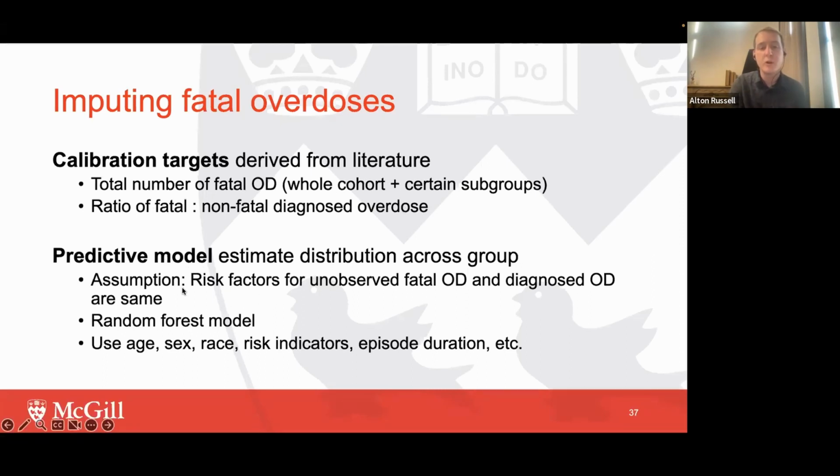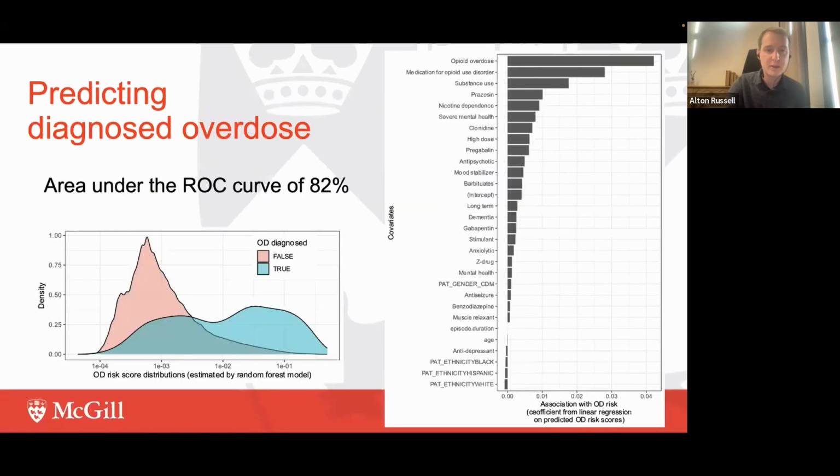There might be some group that's disproportionately not having a diagnosed overdose because they're not seeking care, but hopefully it's not too big of a factor. That is one limitation of the paper because we don't have the vital statistics data. I used a random forest machine learning model using age, sex, race, all those risk indicators, and the episode duration as covariates or features for the prediction.